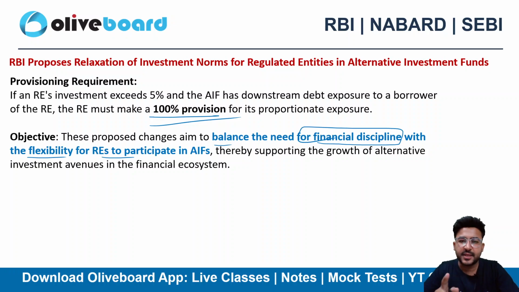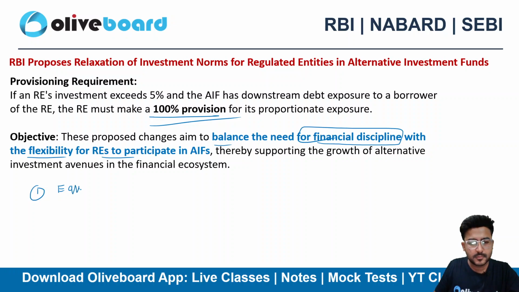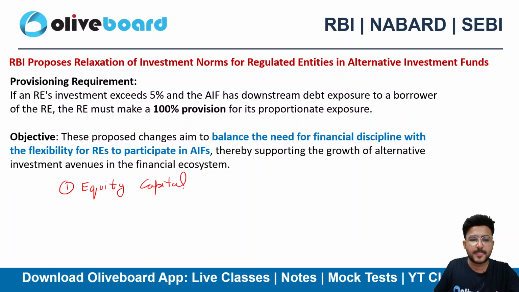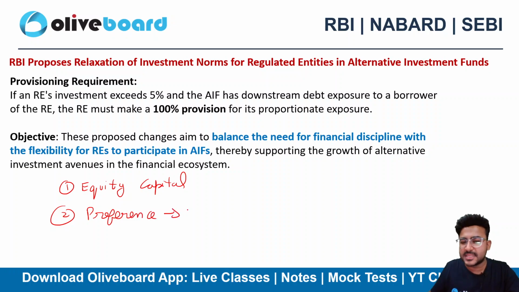Look, this circular is applicable only on debt securities, right? If the AIF is investing via equity instead of debt, then there is no problem at all. If the regulated entity has invested via equity, not debt, then there is no problem at all. So three things are not covered here: equity, next is preference, which is compulsory convertible.